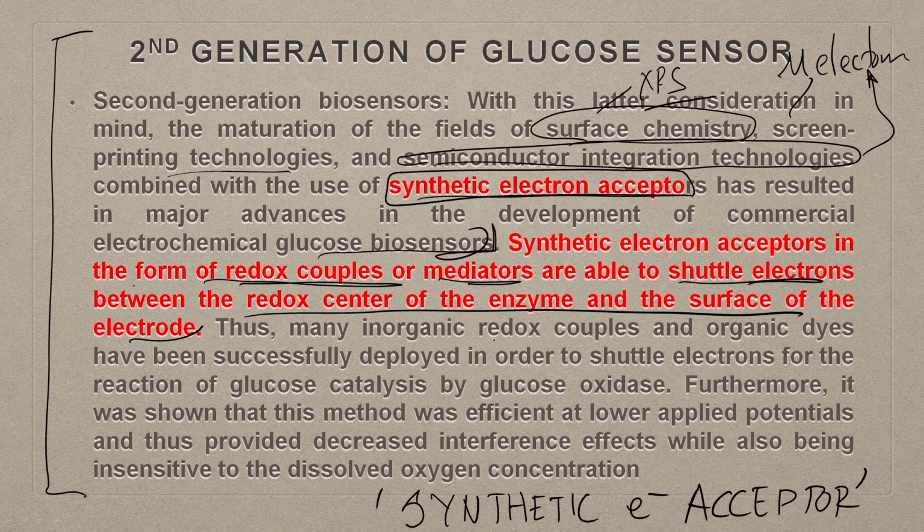So, many inorganic redox couples and organic dyes have been successfully deployed in order to shuttle electrons for the reaction of glucose catalysis by glucose oxidase. That means there should be some smaller molecule which could, for example, penetrate into the core of it, which you call an electron shuttle.